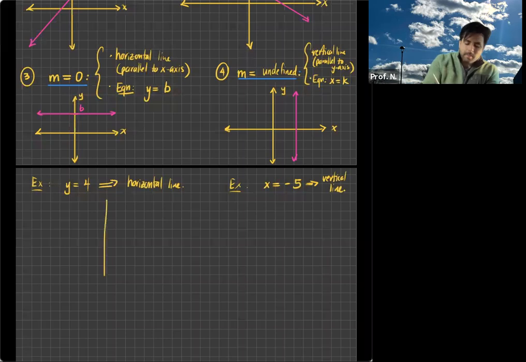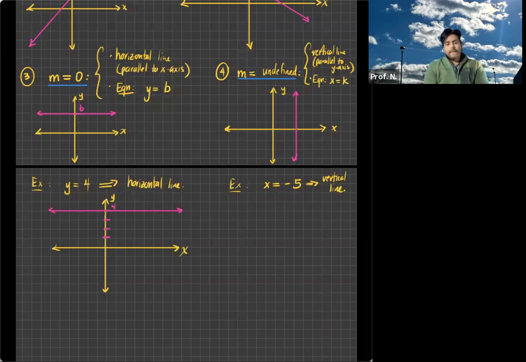So then when we graph y equals 4, we have 1, 2, 3, 4. Then draw a straight horizontal line going through the point 4 here. See that? This is y equals 4.